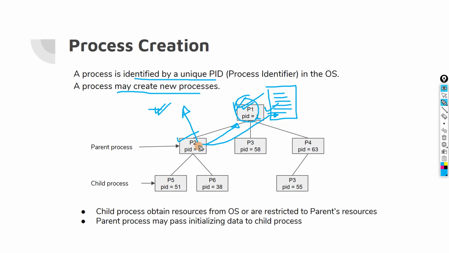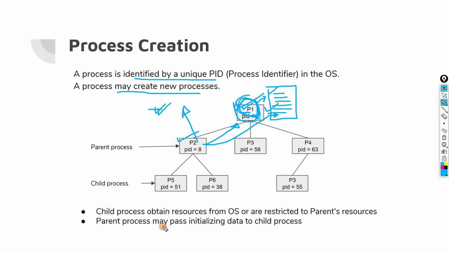The child will get the resources from the operating system, so the parent doesn't need to bother about it. But if this process needs to give its own resources to the child, then it will think before creating any child. That is why in most operating systems the child process is bound to get the resources of its parent rather than the operating system directly.